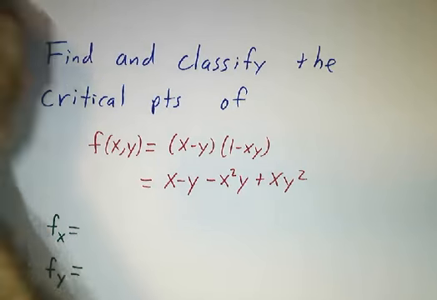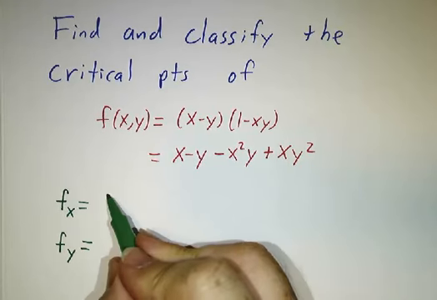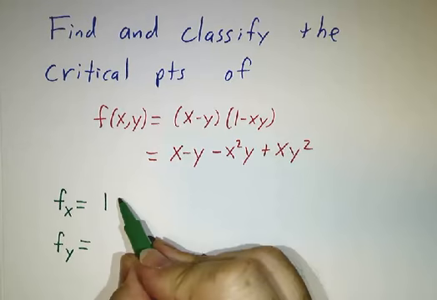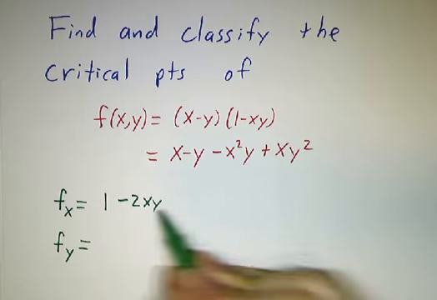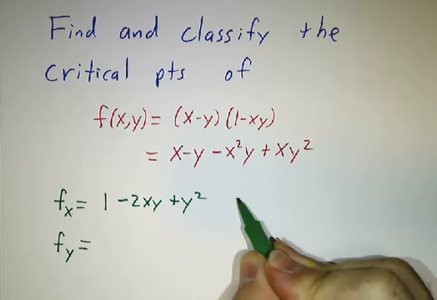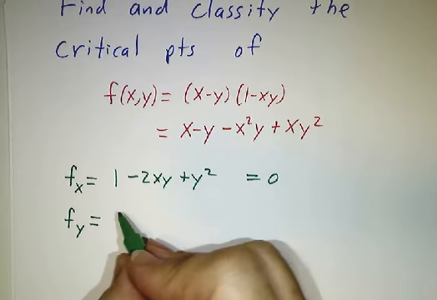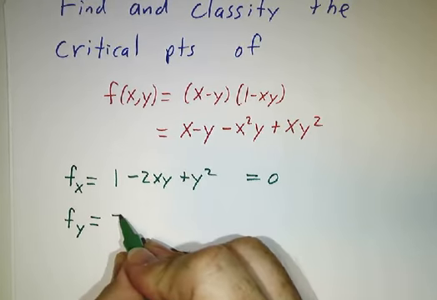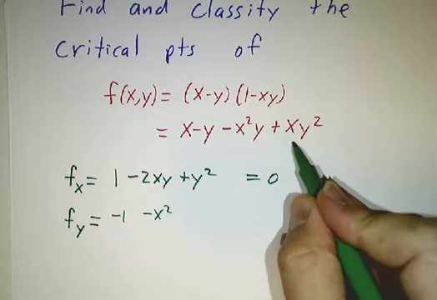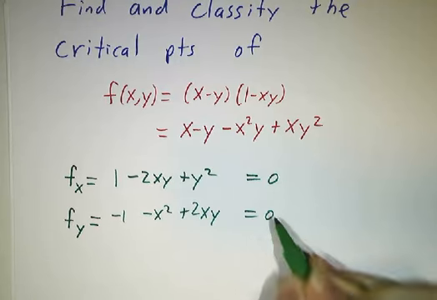So computing the partial derivatives, the derivative with respect to x: derivative of x is 1, derivative of y is 0, derivative of x squared y is 2xy, derivative of xy squared is y squared, and that has to be 0. Derivative with respect to y: 0, negative 1, minus x squared, plus 2xy, and that has to be 0.